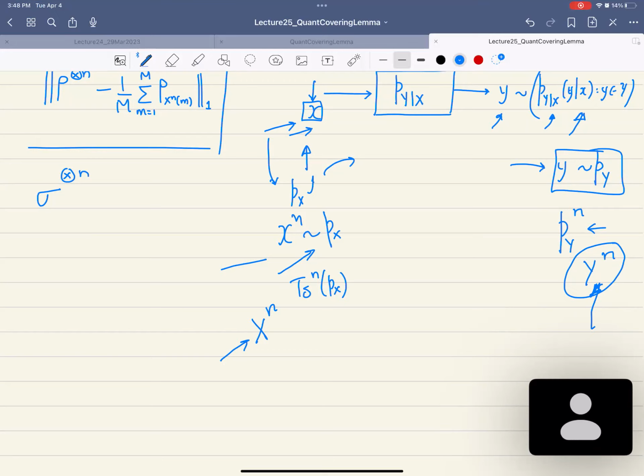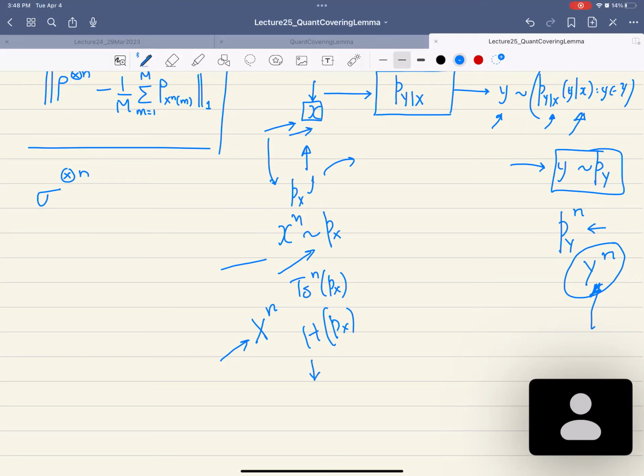So I will give you a counter argument. If Bob could tell the xn with very high certainty which xn Alice put, then my capacity should have given me H of px, correct? But what I showed is that I cannot get H of px.